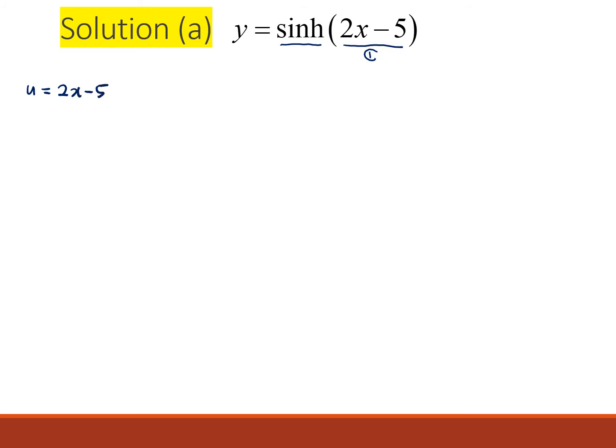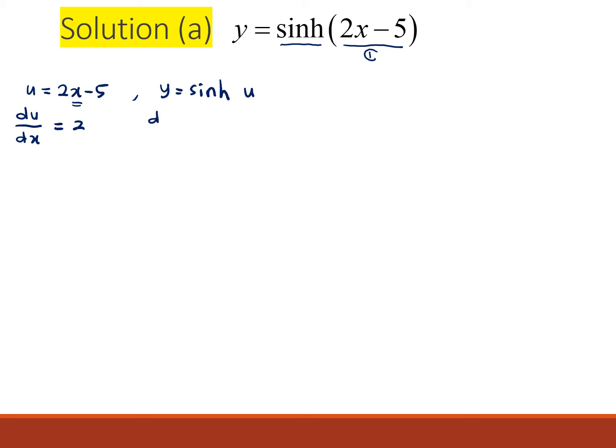So from here we can find the derivative of u in terms of x. So du over dx is equal to 2. Now what we are left with is y equals sine hyperbolic of 2x minus 5, where 2x minus 5 is now equal to u. So this will be sine hyperbolic of u.